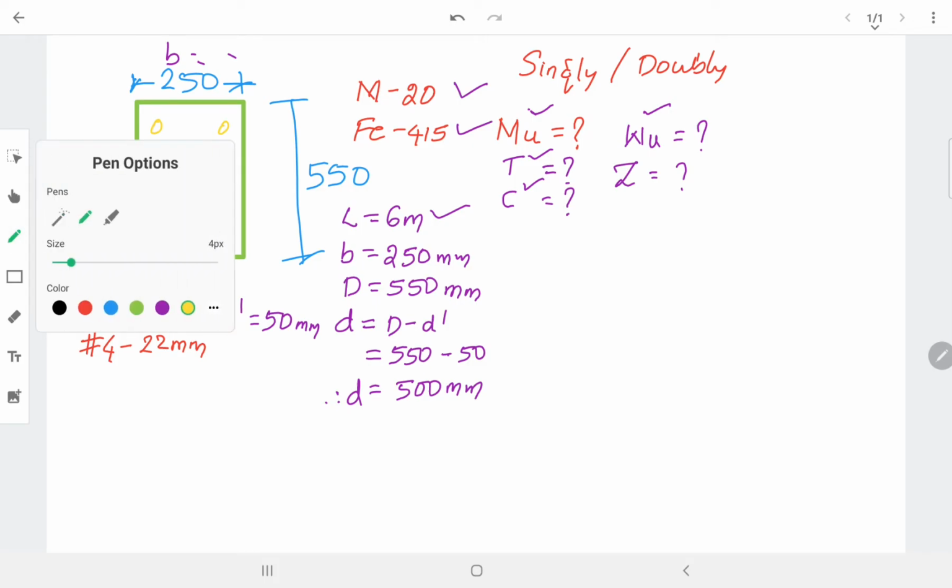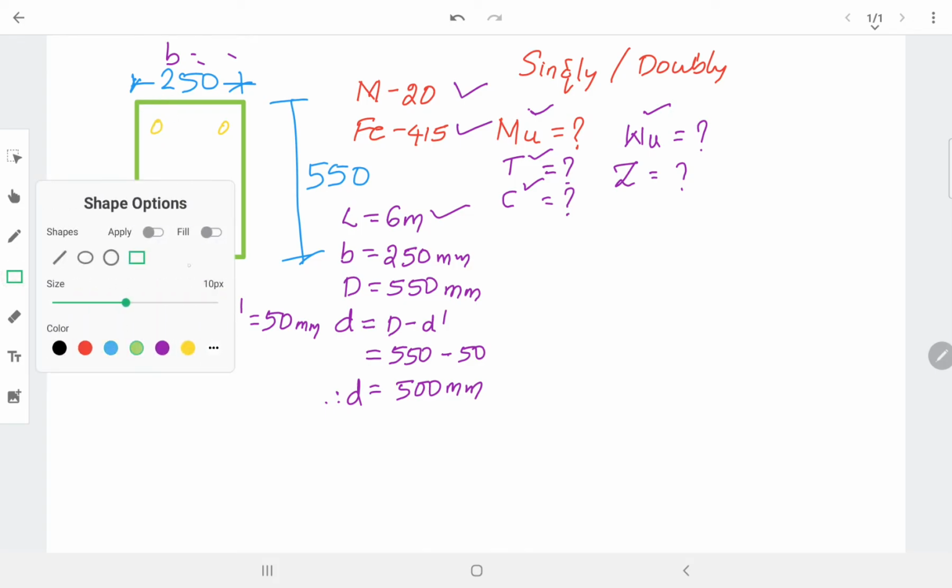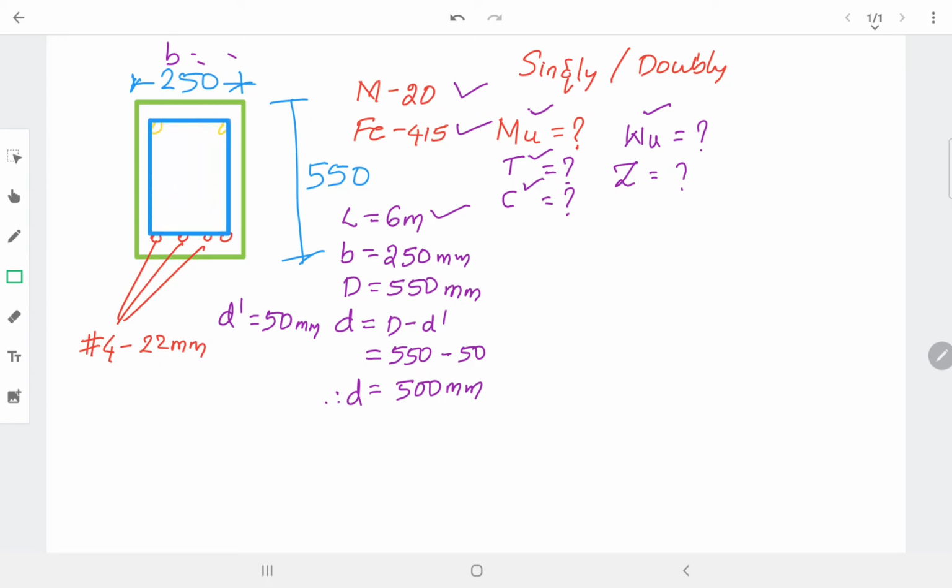I'm not supposed to show only the main bar and distribution, so I'll be showing the anchor bars as well as the stirrup. On either side of the reinforcement you will get a cover. The effective cover we have taken is 50 mm. This is the present case.